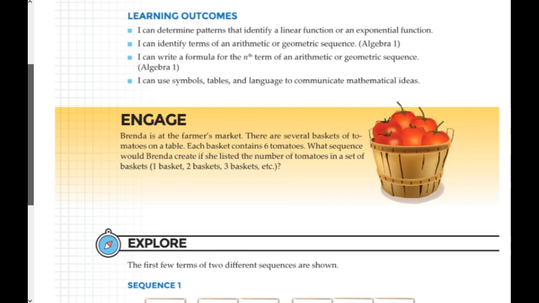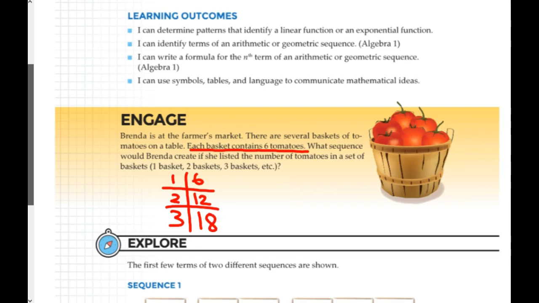I cannot make a straight line. Cool. What sequence would Brenda create if she listed the number of tomatoes in a set of baskets? So, one basket is how many tomatoes? 6. 2 baskets is how many? You get the idea. 3 is 18.